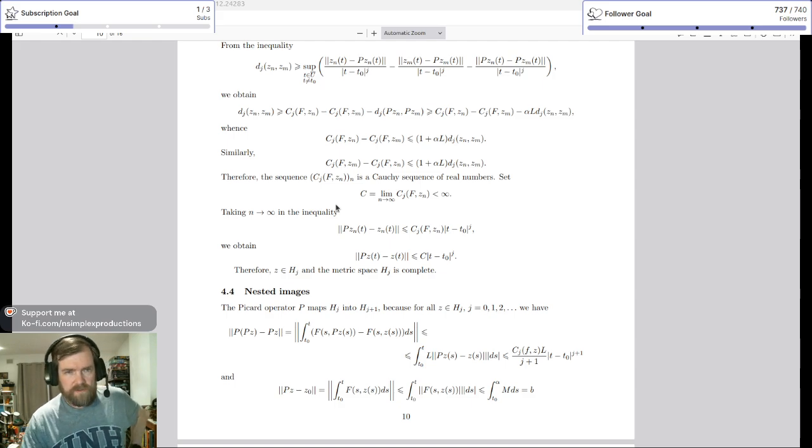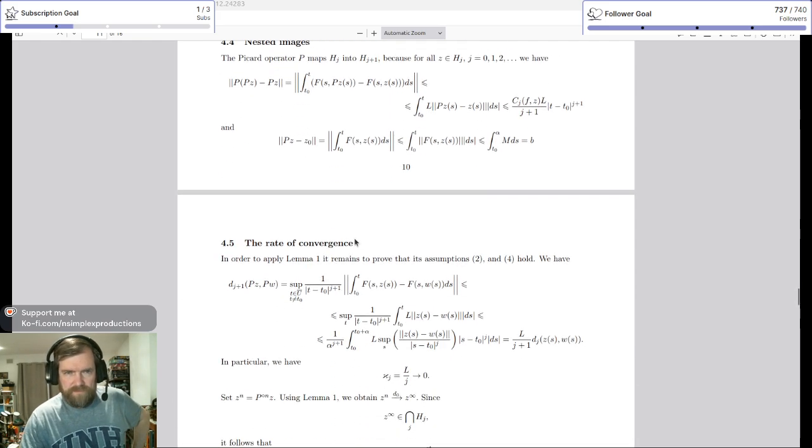Nested images. Picard operator P maps h sub j onto h sub j plus 1. Because for all z in h sub j, we have the following. P of pz minus pz. So yeah, this is nesting the previous one.